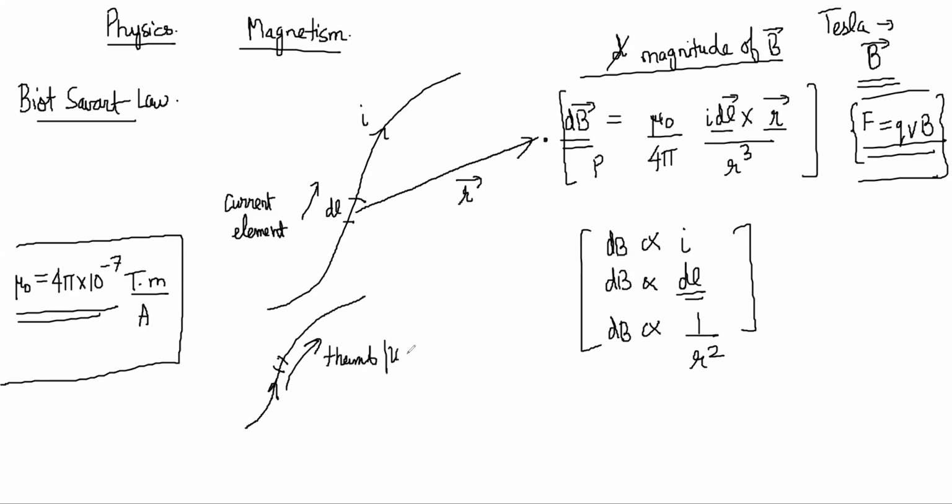The curl of the fingers is the direction of the magnetic field. So magnetic field in this region will be inward and magnetic field in this region will be outward. Does it make sense?